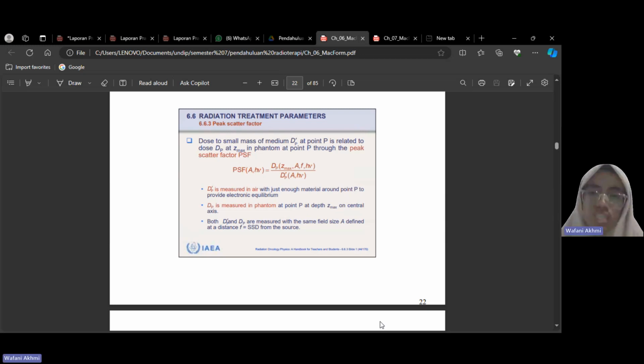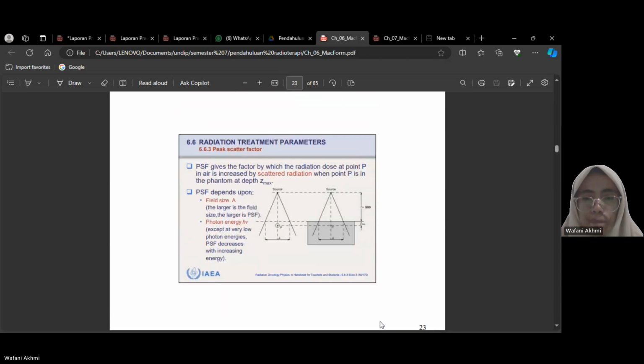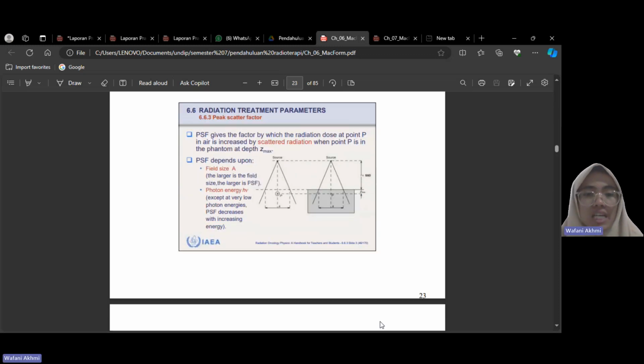Dose to small mass of medium Dp at point P is related to dose Dp at Zmax in phantom at point P through the peak scatter factor. PSF gives the factor by which the radiation dose at point P in air is increased by scattered radiation, with point P in the phantom at depth Zmax.